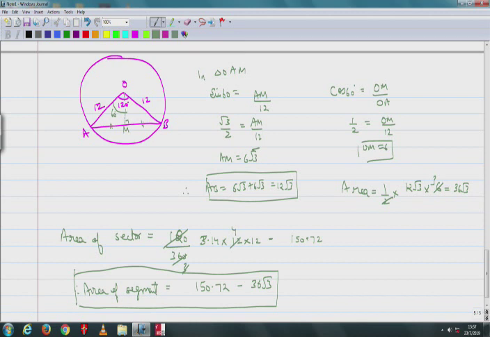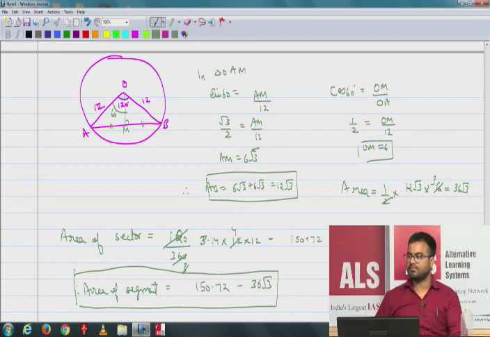Is this clear to all of you? Sisipur, Senapati, Tamenglong, is this method clear to all of you? Now you can also put root 3 as 1.73 and then you can simplify your answers.